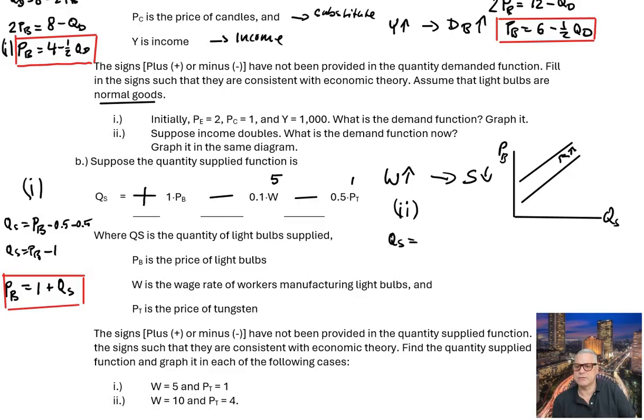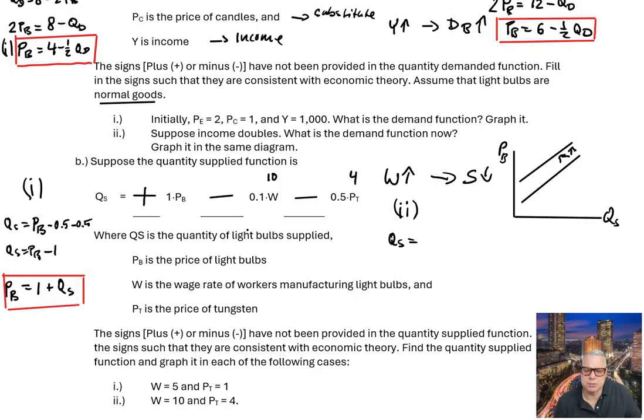Let's quickly erase those numbers here. So everything becomes more expensive. Now the new wage is 10, and the price of tungsten goes up to 4.